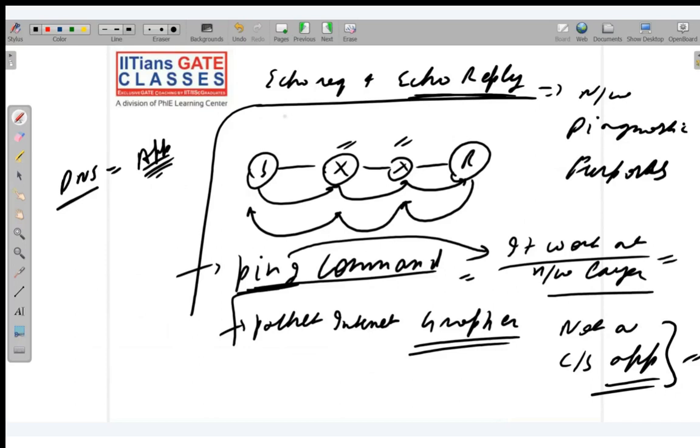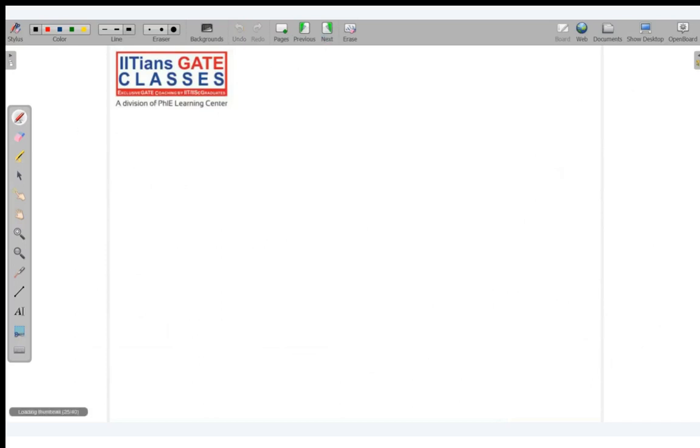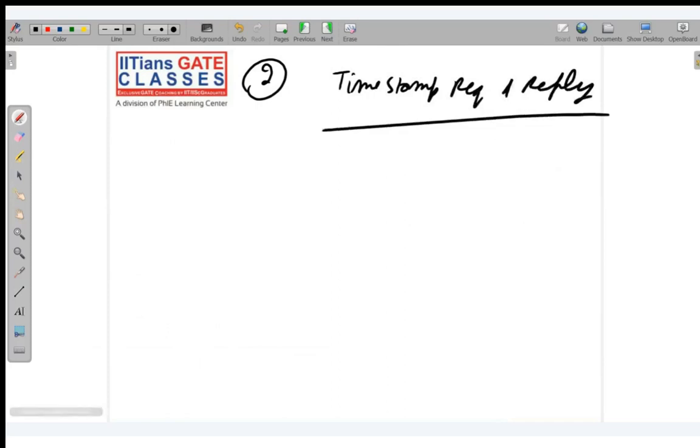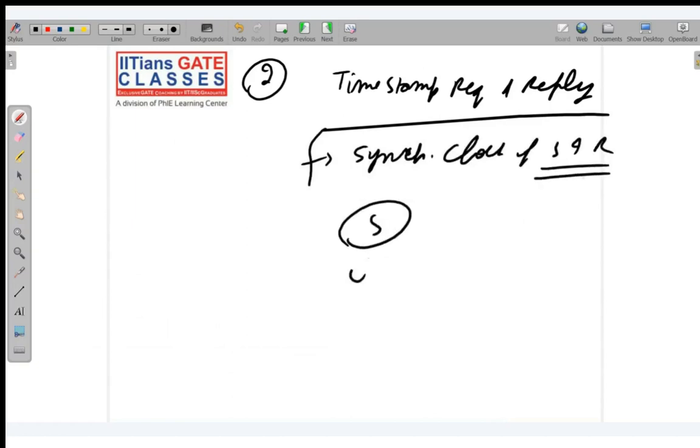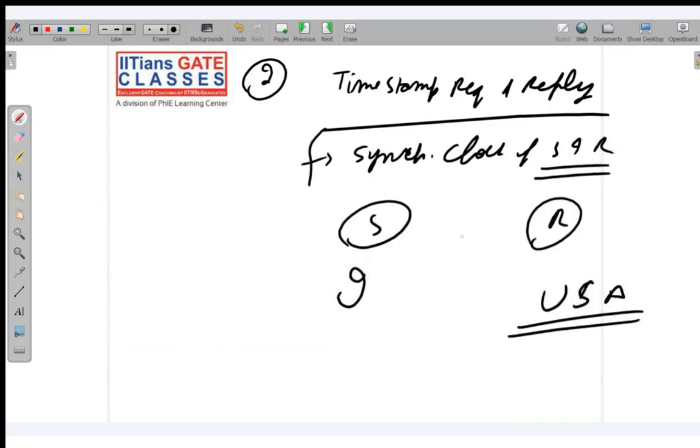Done, sir. Okay, next is timestamp request and reply. It is used to synchronize the clock of sender and receiver, because sender might be in India and receiver might be in USA, so you want to synchronize their clock.